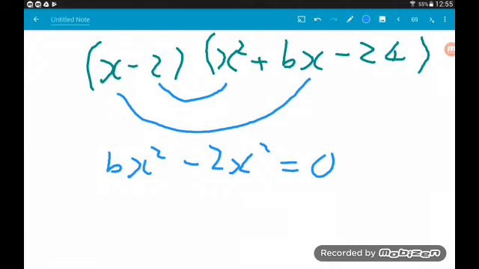So, if we divide through by x squared, we get b minus 2 is 0, and then add 2, b equals 2.